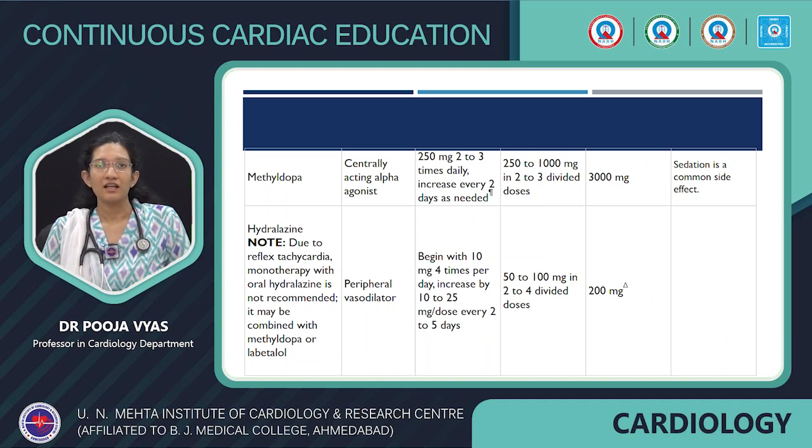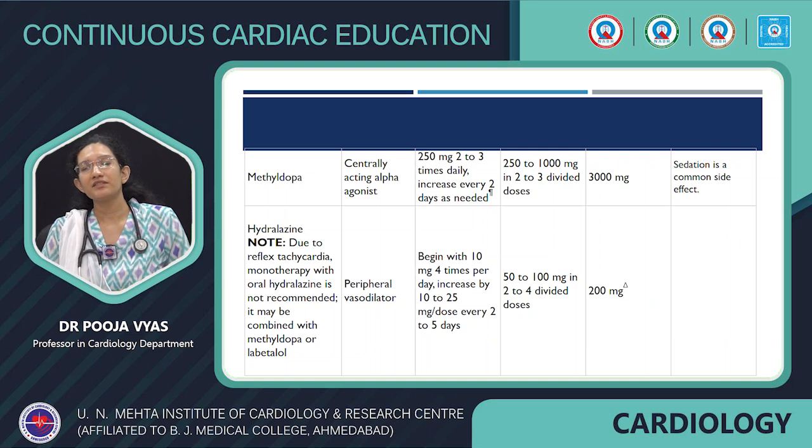It is to be noted that this drug needs at least 2 days for its full effect, so we should wait at least 2 days before increasing the dose. The maximum daily dose for methyldopa is 3,000 milligram, and the most common side effect is sedation.